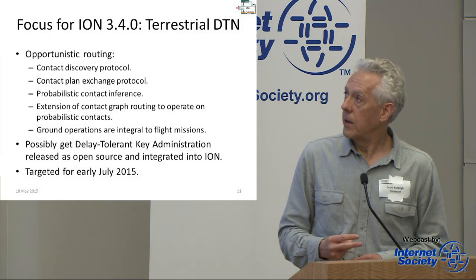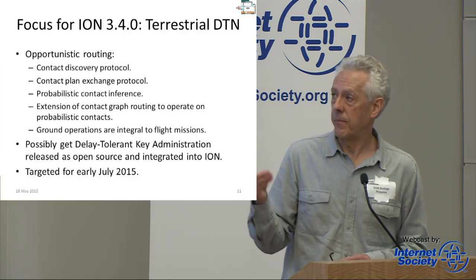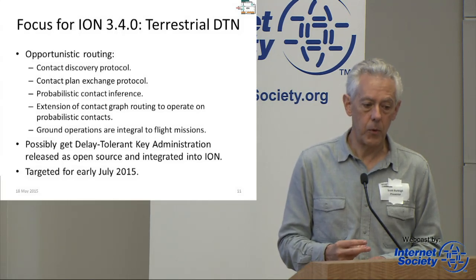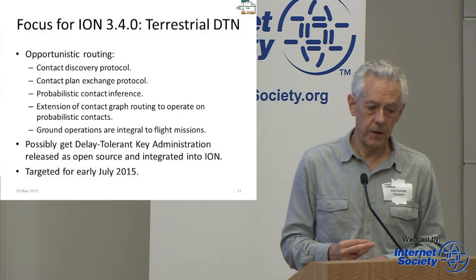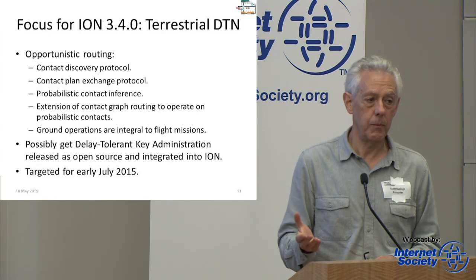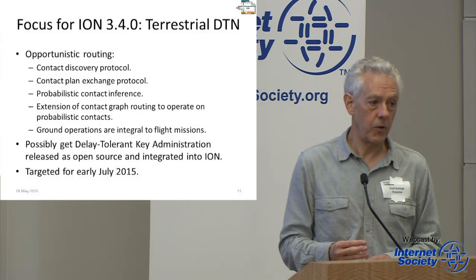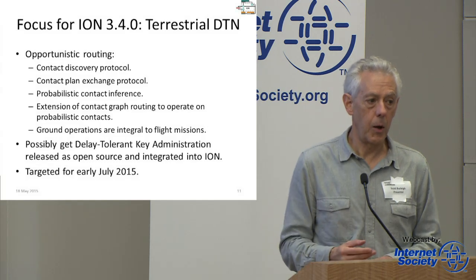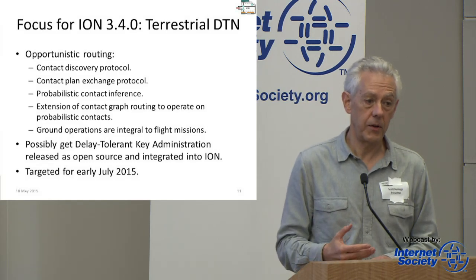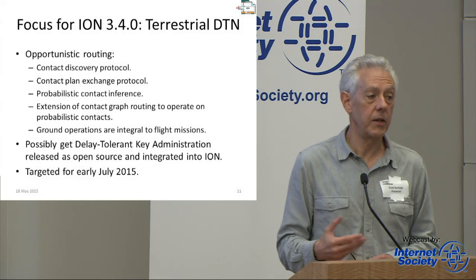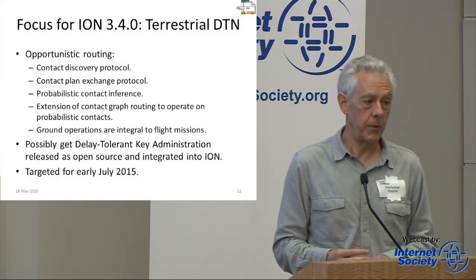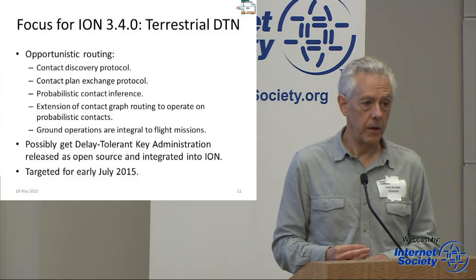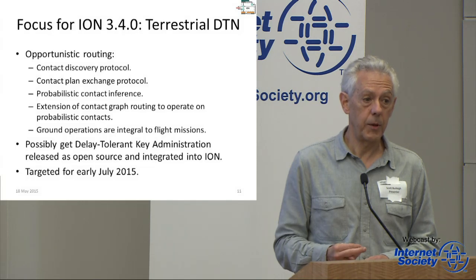And the last point there is that the motivation for a lot of this stuff is that for flight operations, the end-to-end network that we use to operate spacecraft includes people who might be in charge of operating instruments or elements of a spacecraft that are not necessarily at their desks at the time something happens. So you need to be able to reach out into the terrestrial network with opportunistic forwarding to reach those people. The ground operations are an important part of the end-to-end spaceflight operations network.